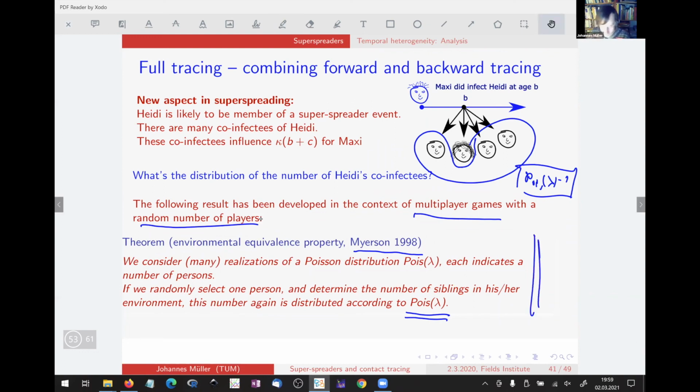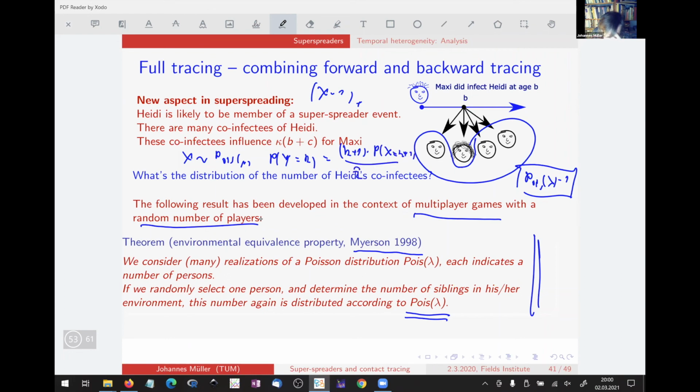So basically, what we have here is a random variable x, which is Poisson distributed. And then we construct y, which is not x minus 1, which would be if we select each realization at equal probability, but the probability to get that k is k plus 1 times the probability that x is k plus 1.